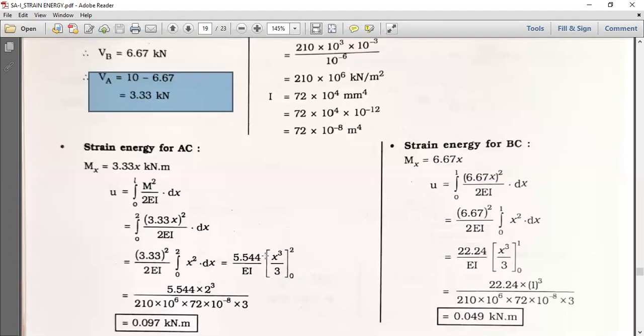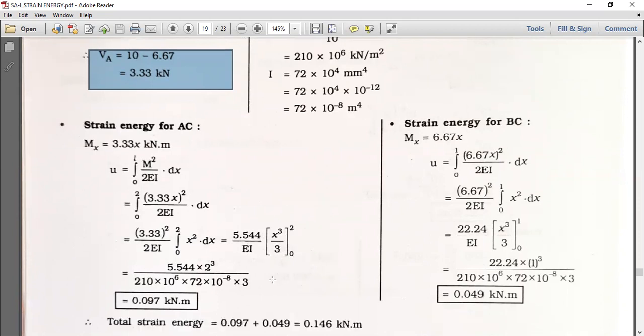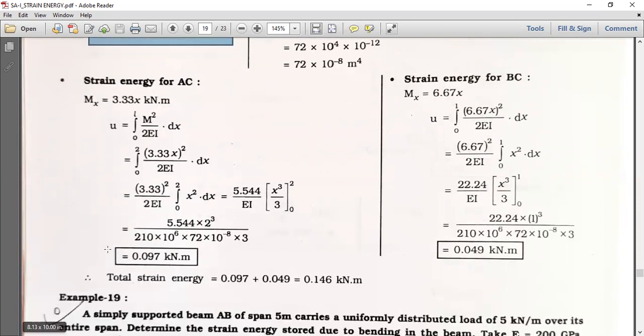Put the values of 0 and 2 to get the value. We get 5.4544 divided by EI, into bracket 0 cube divided by 3 plus 2 cube divided by 3, and we can get the value 0.97 kilonewton meter.